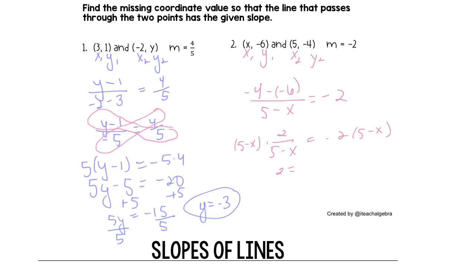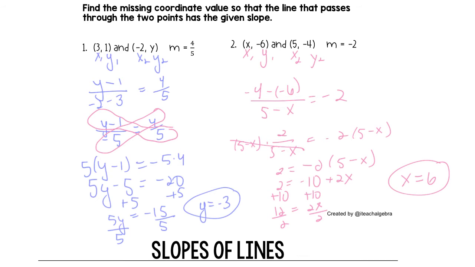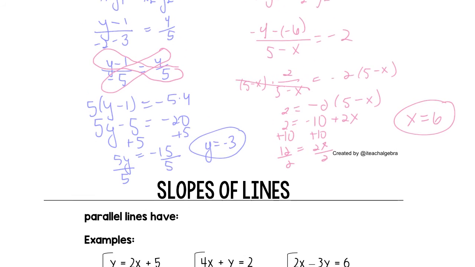It's 2 equals, those cancel, negative 2 times 5 minus x. Got to distribute, negative 10 plus 2x. Add 10, 12 equals 2x. Divide, and x equals 6 is our missing value. Let's just fill in the formula and see what we get.